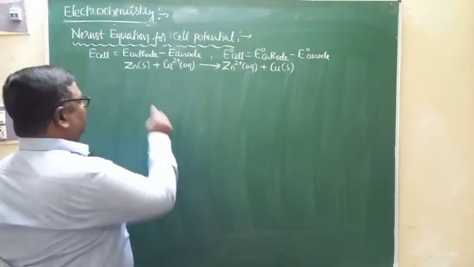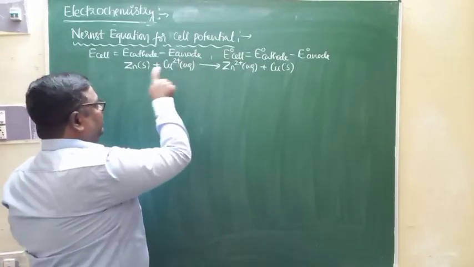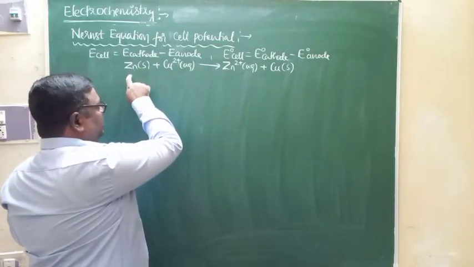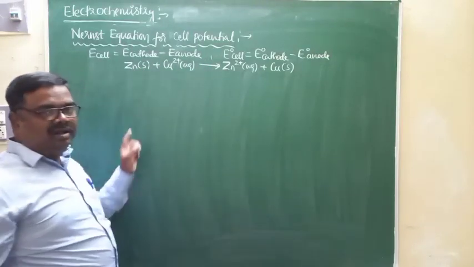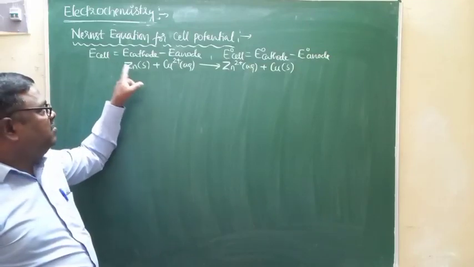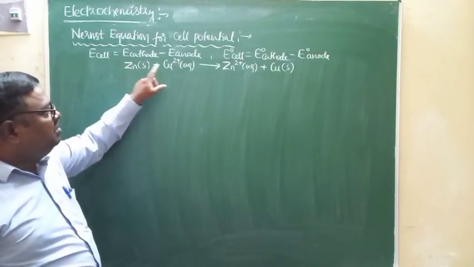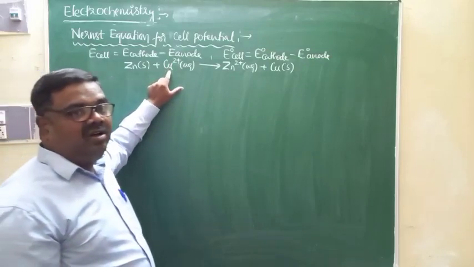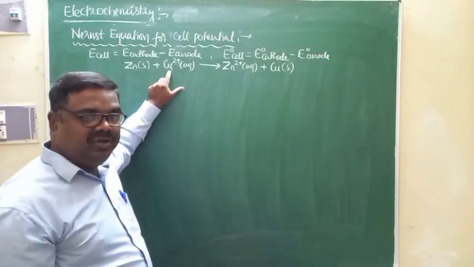At the same time, when zinc oxidizes, zinc is going to lose 2 electrons. Number of electrons lost by 1 atom of zinc is 2. Number of electrons gained by 1 copper ion, Cu2+, is 2.